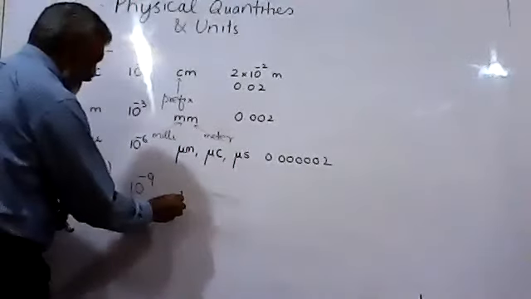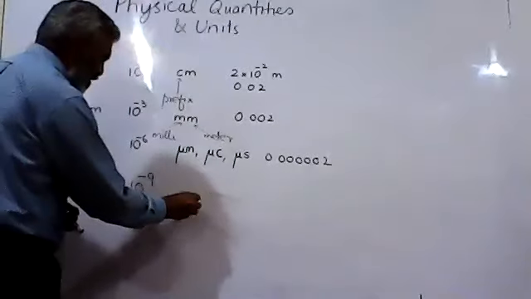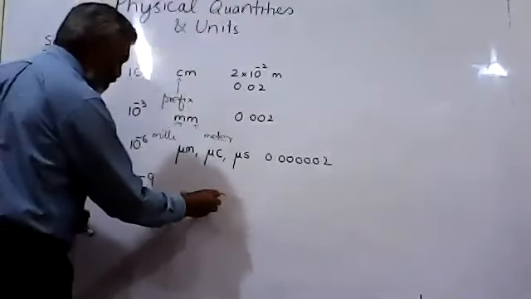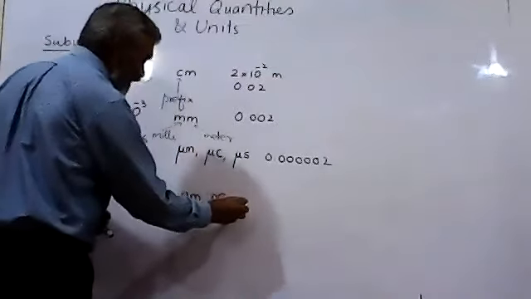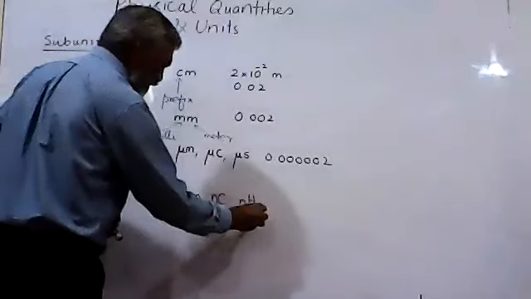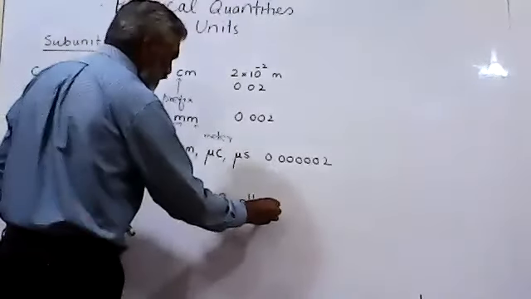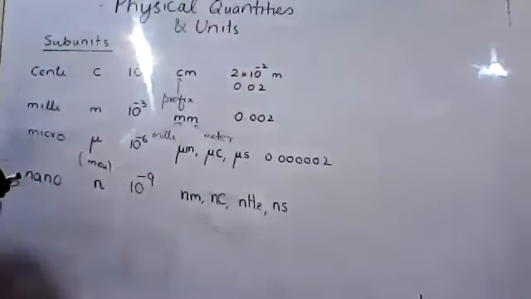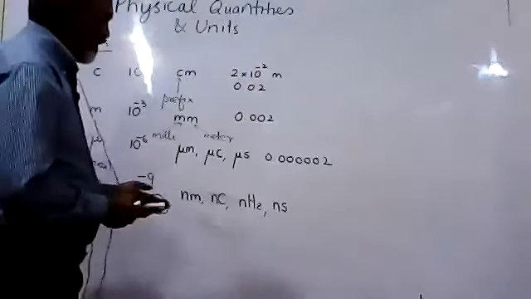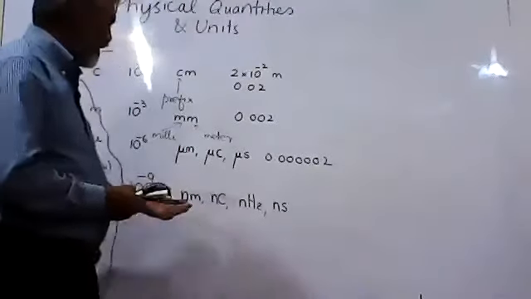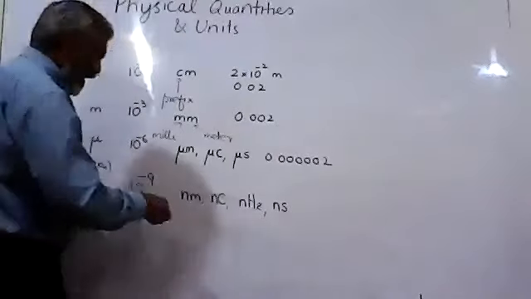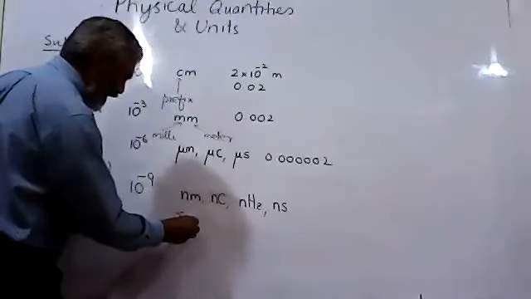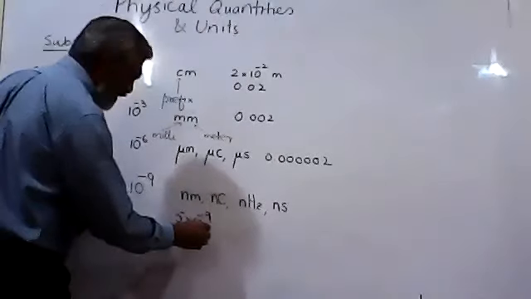It could be nanometer, it could be nanocoulomb, it could be nanohertz if it is frequency, it could be nanosecond if it is time. So 5 nanometers simply means 5 into 10 raised power minus 9 meter.